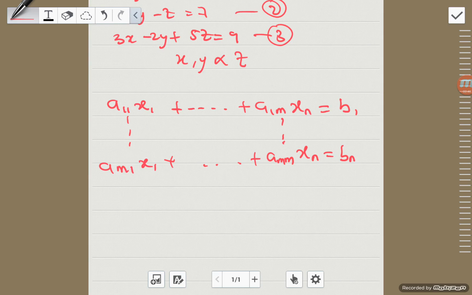The coefficients of these equations are a11 up to amn, and the variables are x1 up to xn.